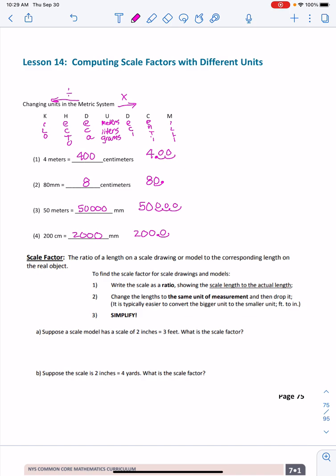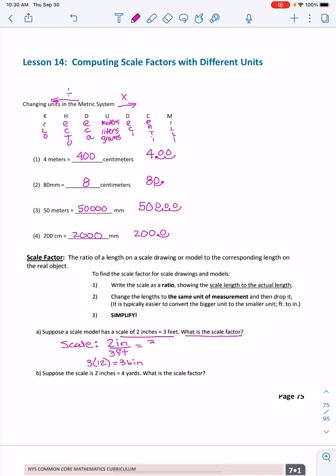Suppose the scale model has a scale of 2 inches to 3 feet. What is the scale factor? So we're going to take the scale, and we are going to write it as a ratio or a fraction. So 2 inches over 3 feet. So we're going to need to change the 3 feet to inches. So I'm going to multiply 3 times 12, because there's 12 inches in each foot, which is going to give us 36 inches.